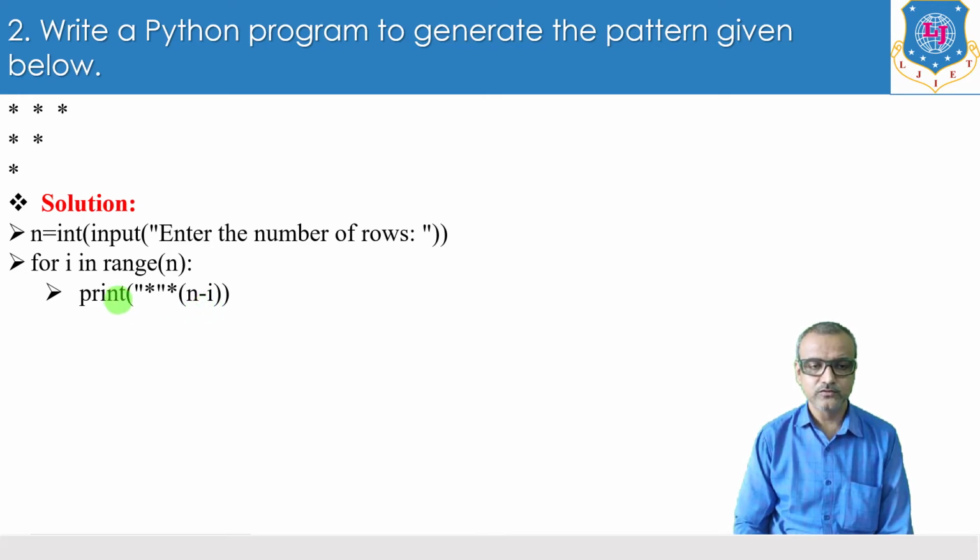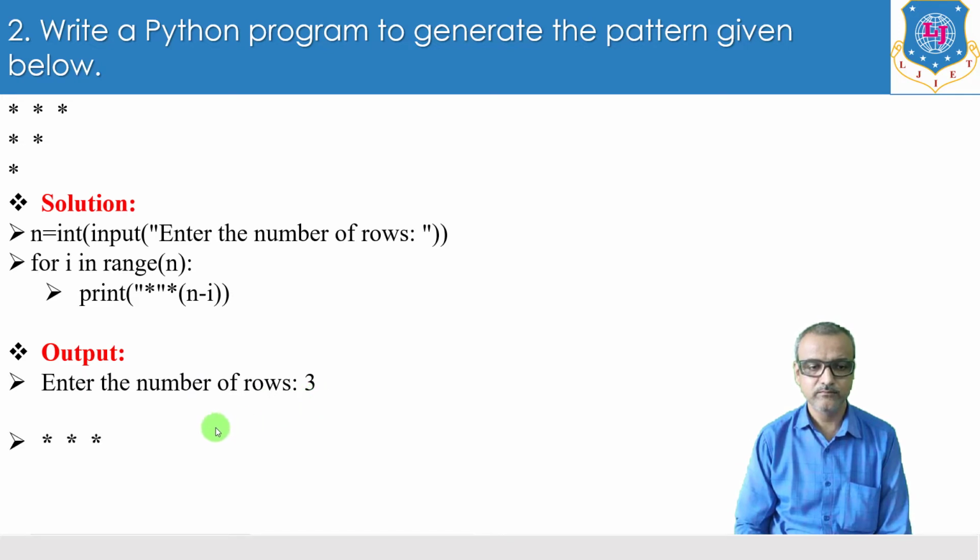So this statement will print the star one time in the third row. So this is the output. Enter the number of rows, say that is 3. So in the first row we will have 3 stars, in the second row 2 stars, and in the third row 1 star.